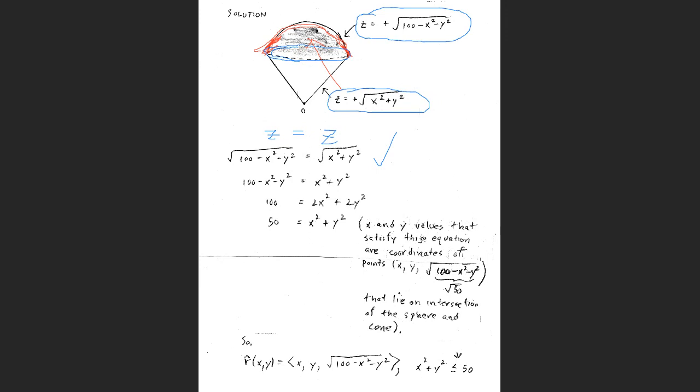Right. And so now what I do is I work this out, and I get x squared plus y squared equals 50.